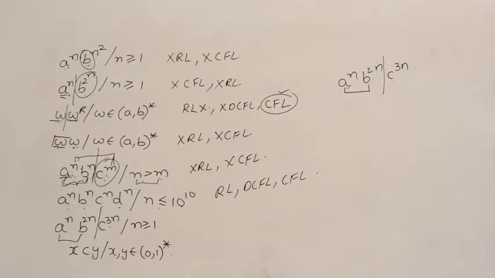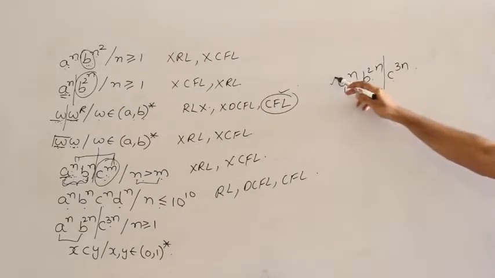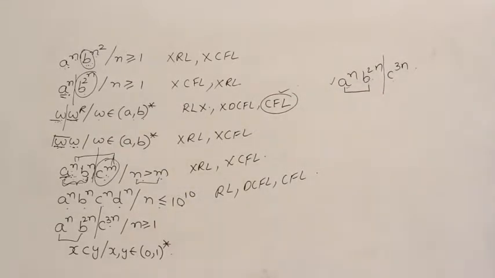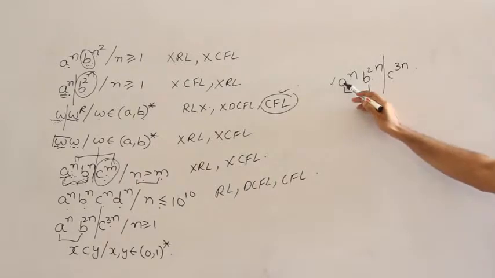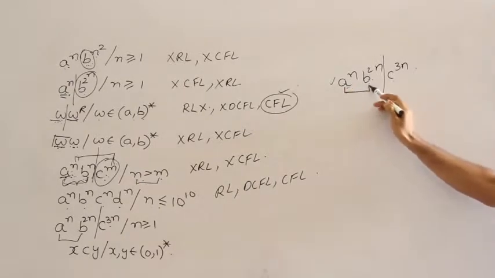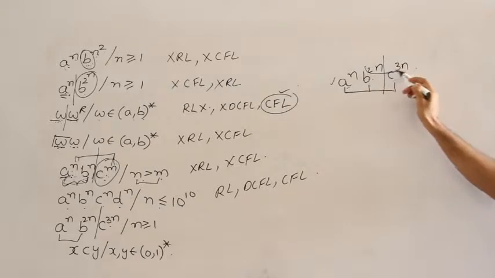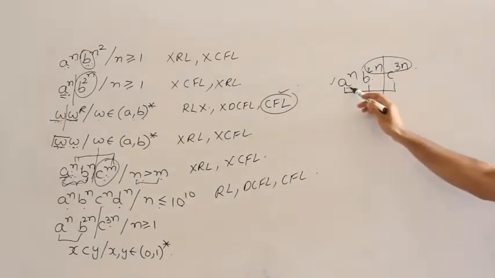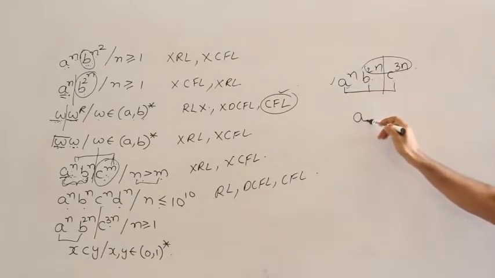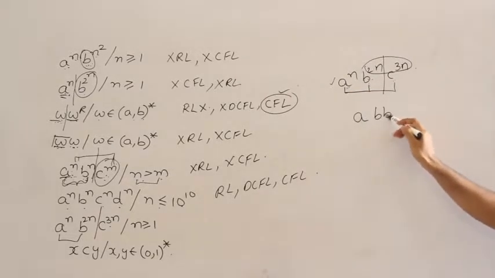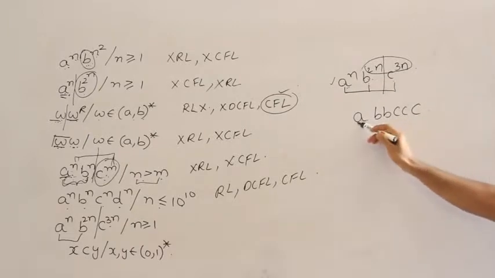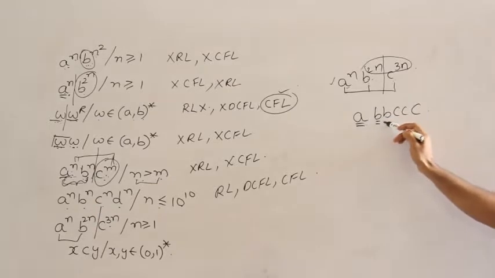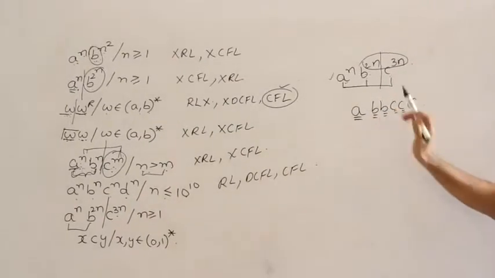You might try to argue that for every a, instead of pushing 2 a's, in order to match b's and c's together, I can push 5 a's. How does that logic work? If I push 5 a's, then this string has to be accepted: a, b, b, c, c, c. So your logic is for every a I'll push 5 a's, and for b and c I'll keep on popping 1 a.